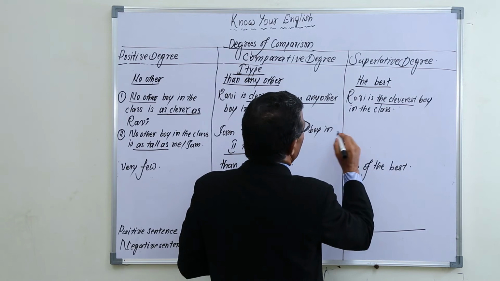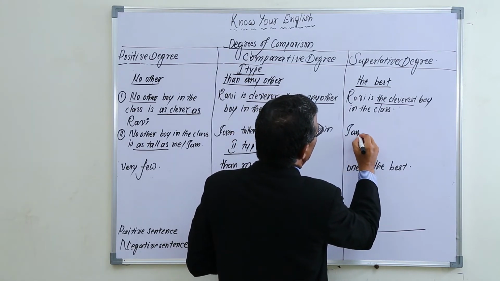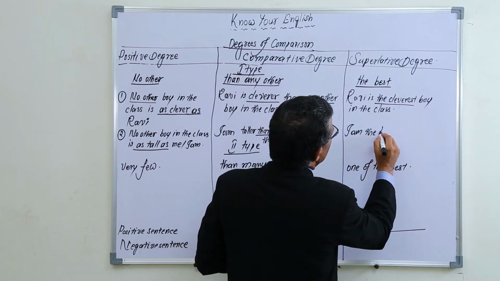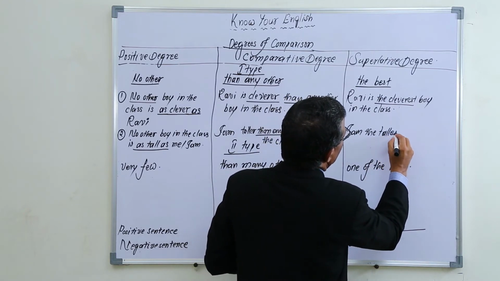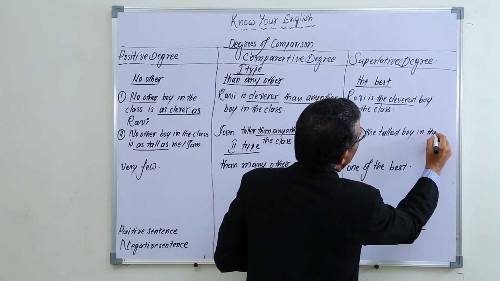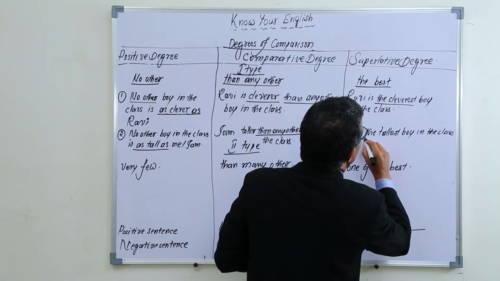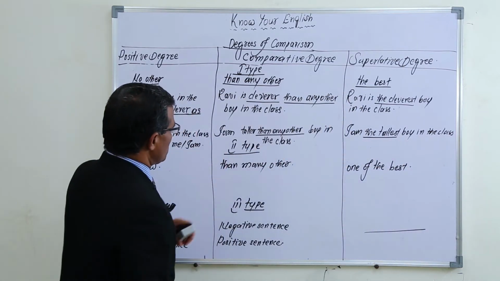And in the same way here, I am the tallest boy in the class. The tallest. This is the first model of sentences.